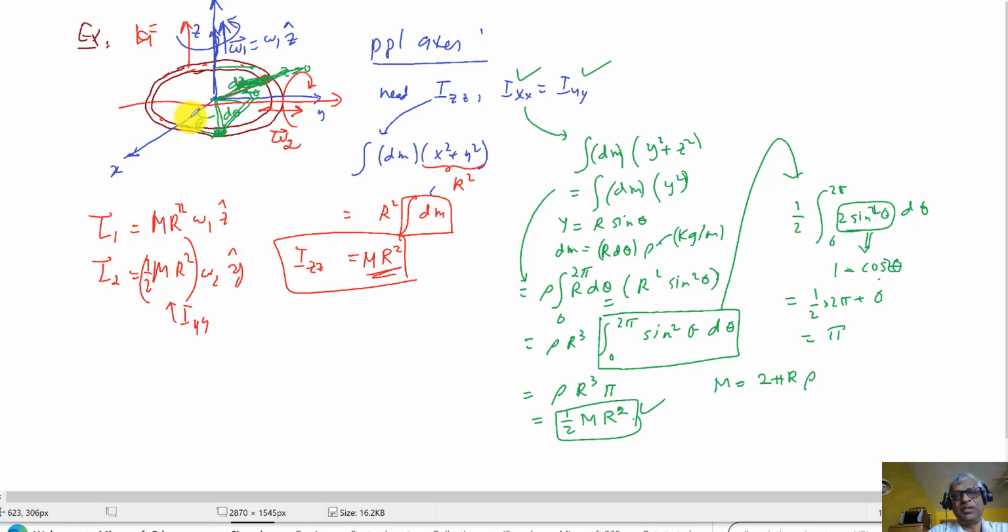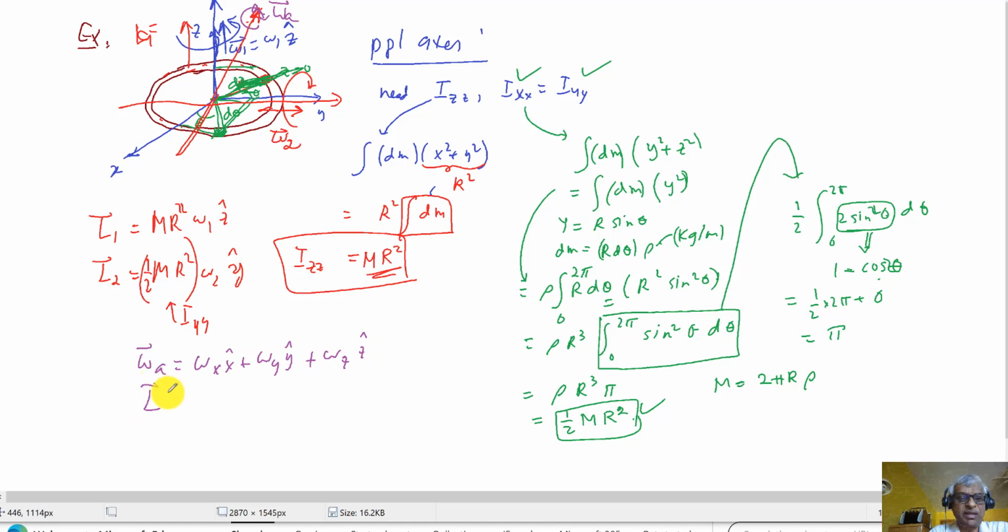However, if I rotate about some arbitrary axis, omega arbitrary will just become some omega_x x hat plus omega_y y hat, just like any vector. So just like a vector decomposition, you decompose it like that.